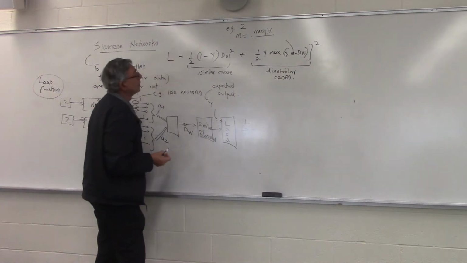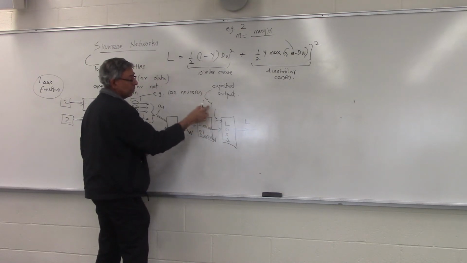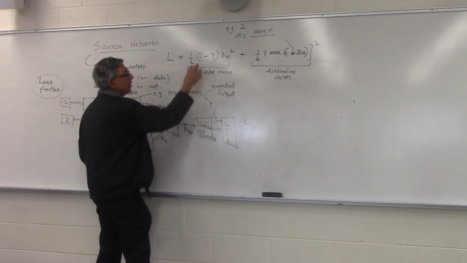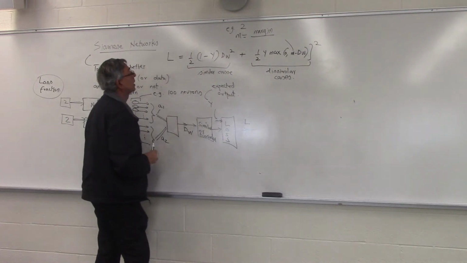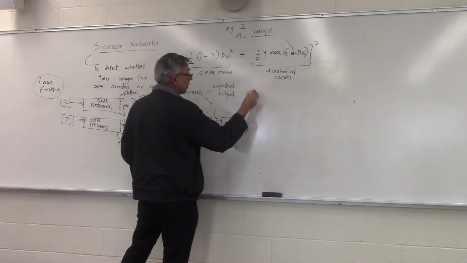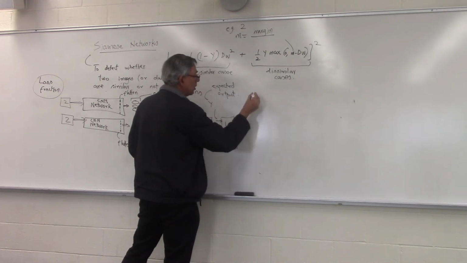As we discussed, for similar cases, what's the expected output? 0. So as you can see, this loss will become dW squared, right? So anyway, partial L over partial weights.